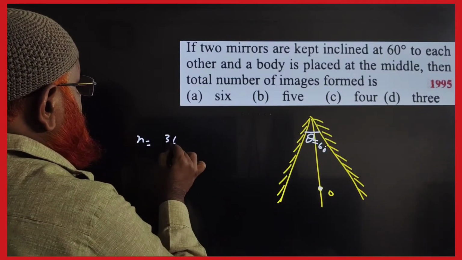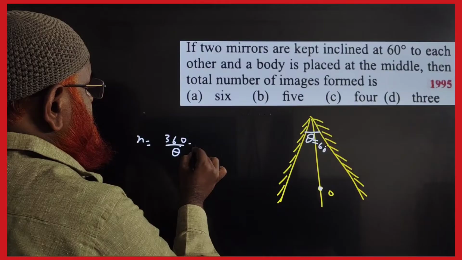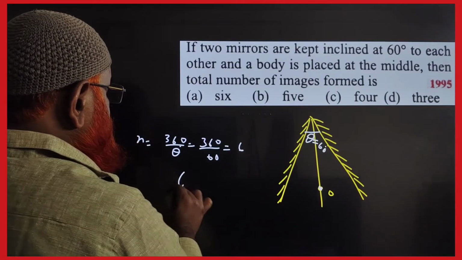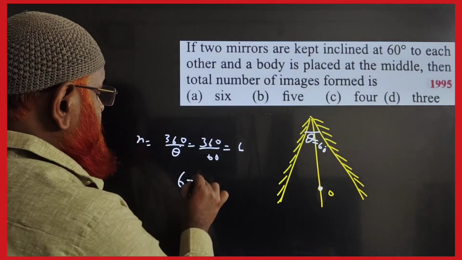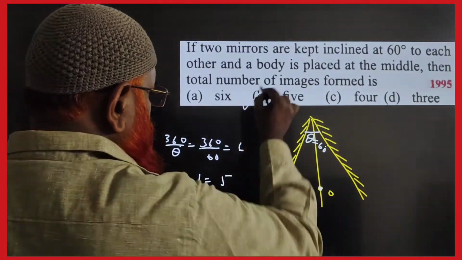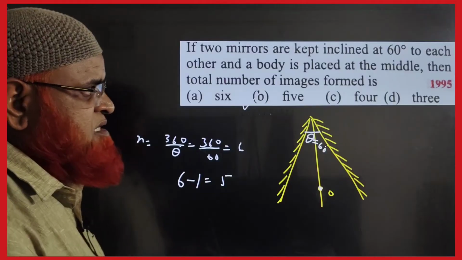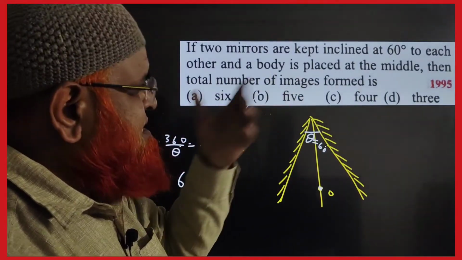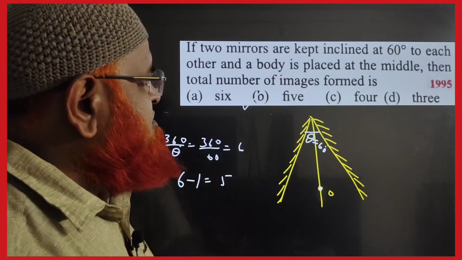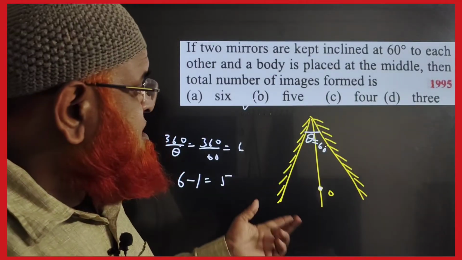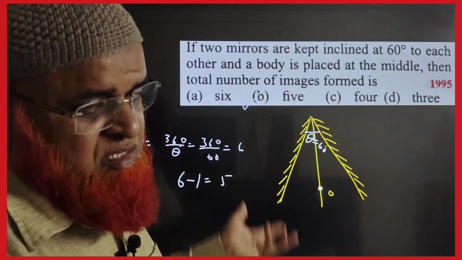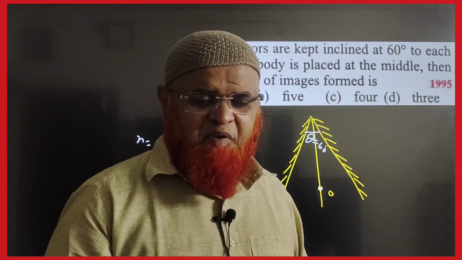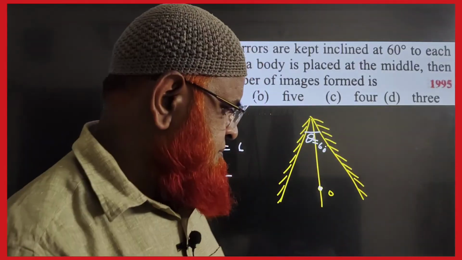N is equal to 360 by theta. That is 360 by 60, which is 6. So 6 is an even number. So minus 1, the answer is 5. So the second option, B, is going to be the answer. For example, 60 degrees. So there is no chance of giving an odd case, and there is no use of giving asymmetry, because for even there is no subcase like asymmetry.